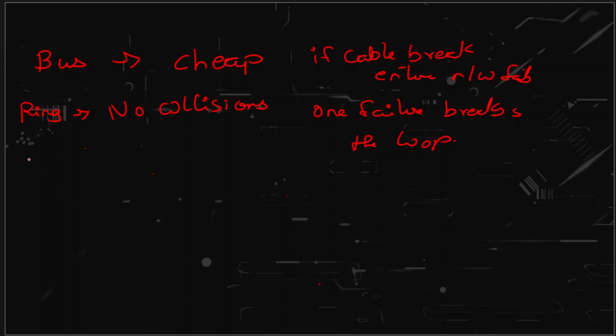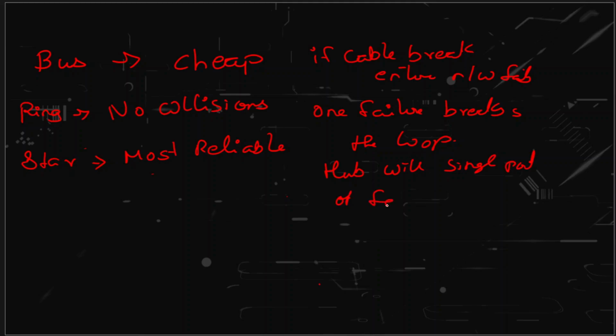Okay, then the next one is star topology. This one will be the most reliable one. Hub is a single point of failure. So in star, the hub will be the single point of failure. So next it will be tree. Tree is scalable.